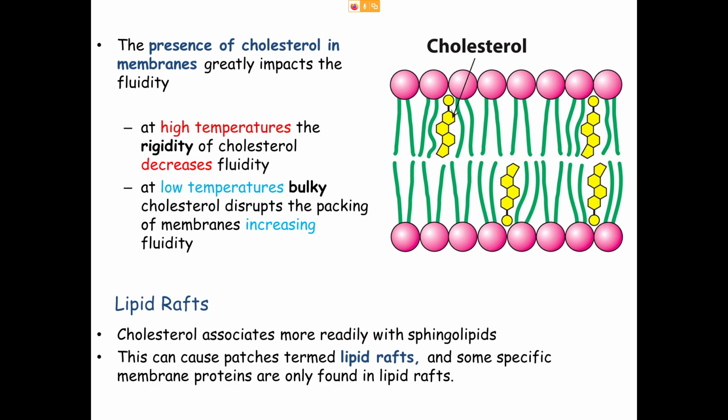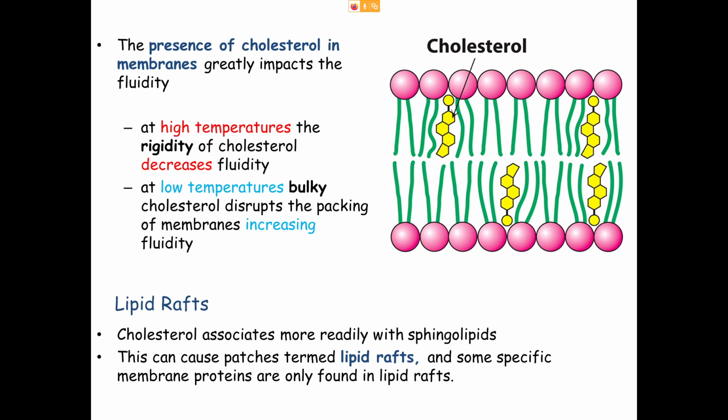The tails have to make their way around it, and thus the point at which the membrane actually freezes or becomes a solid has been lowered. So in both cases, cholesterol has widened the range above and below the temperatures at which it would become unstable, or become a fluid falling apart or fluid freezing, on the two extremes. So cholesterol widens the fluidity range of the membrane based on temperature.